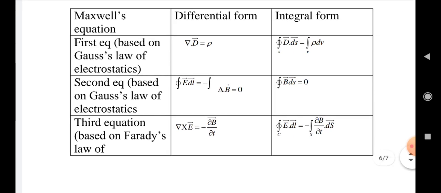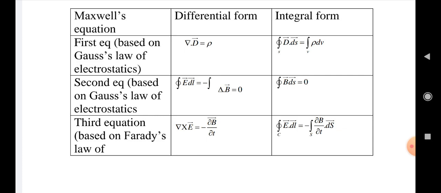Then the second equation. The closed line integral of E bar dot dl bar is equal to minus... The divergence of the magnetic field, del dot B bar, is equal to 0.